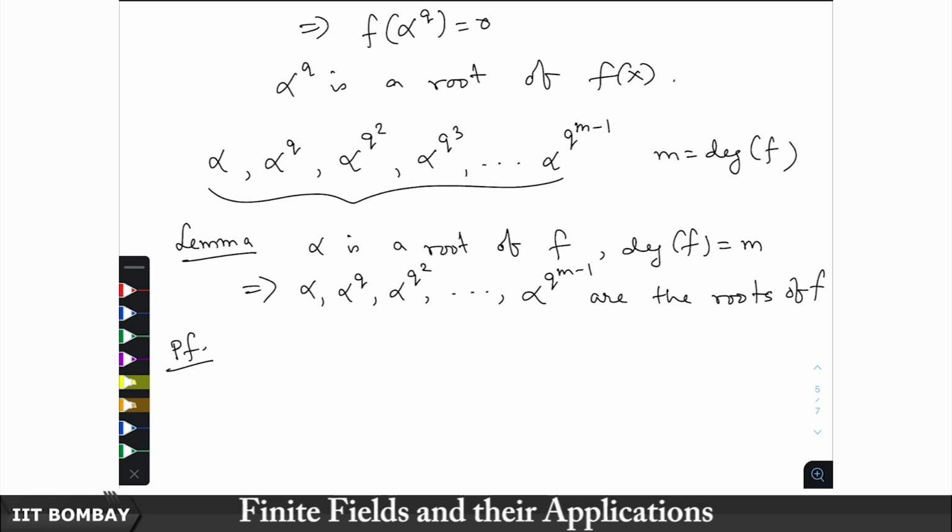We already know that all these are roots, the only thing is some of them may be the same. So, we need to show that these are distinct.